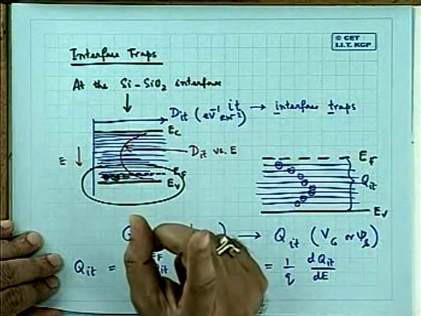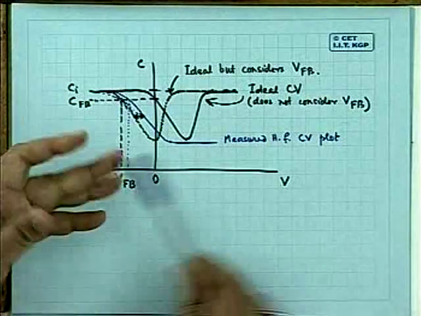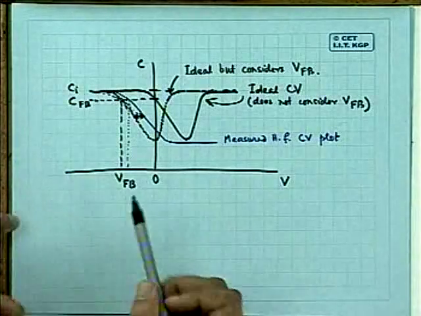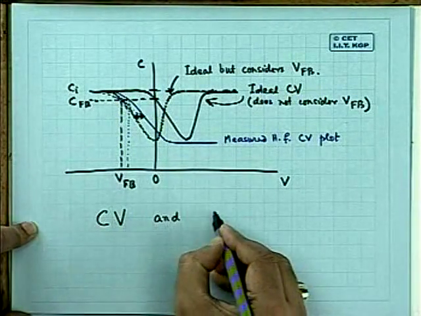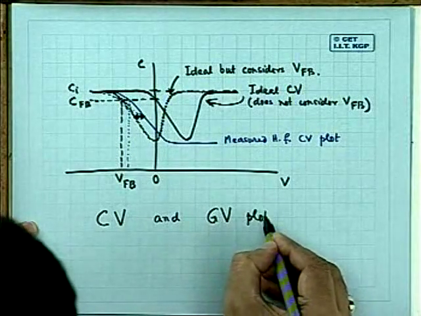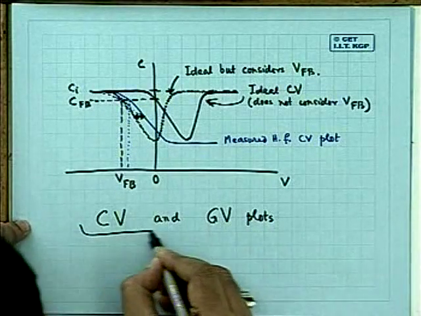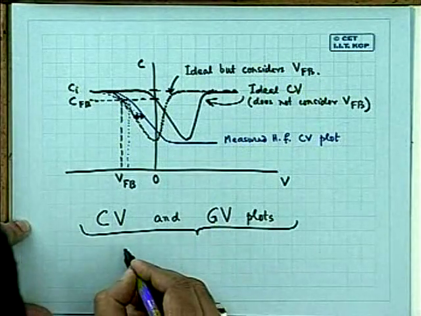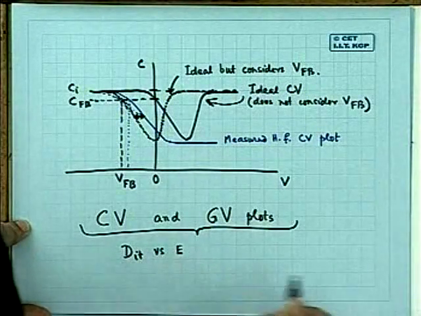And I am plotting another thing called GV, CV and GV. GV means conductance versus voltage plots. From these two plots, how to get DIT versus energy.